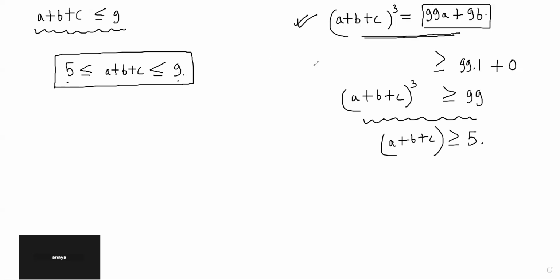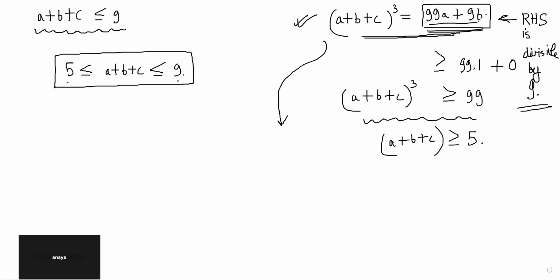So the next thing you can think from here, after doing upper bound and lower bound, is that the right hand side here, RHS, is divisible by 9. It is obvious that this is divisible by 9. So obviously this also has to be divisible by 9. So we know that 9 divides (a plus b plus c) whole cube.